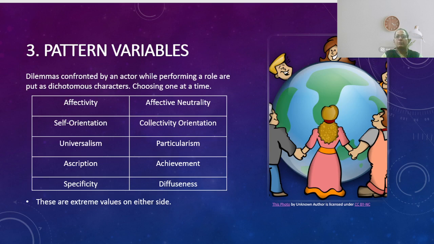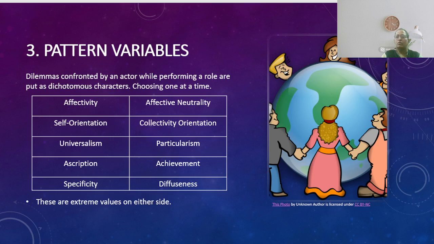Okay, so before we jump directly to the prominent contribution of Parsons in the discipline of sociology, let's study one more concept, that is pattern variables. Dilemmas confronted by an actor while performing a role are put as dichotomous characters, choosing one at a time.